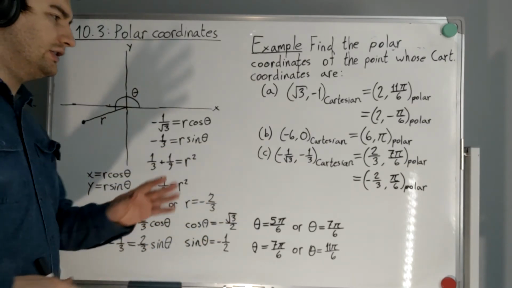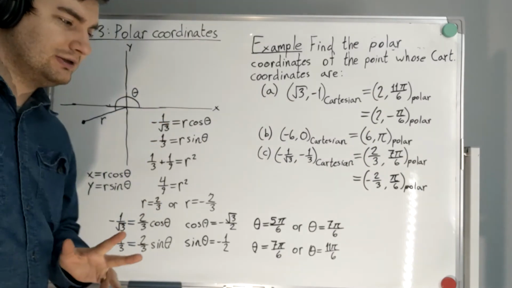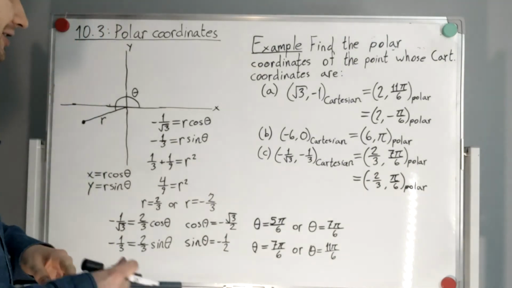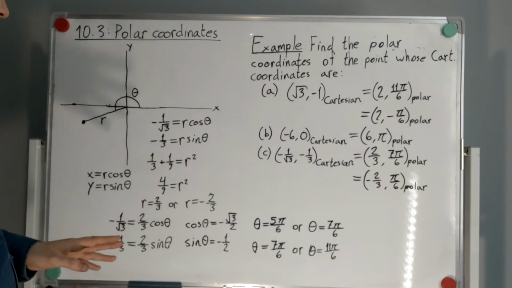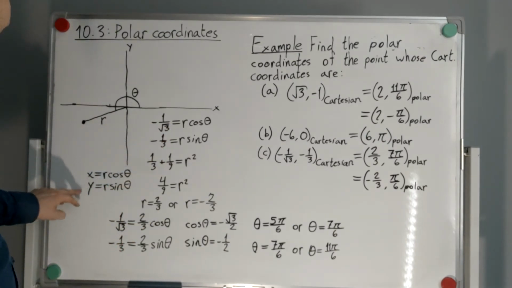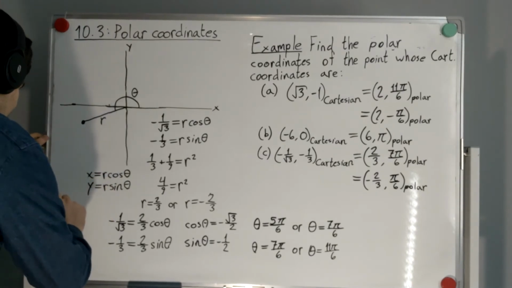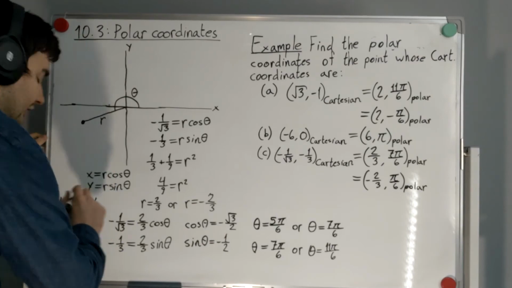Right, and so I just want to say one more thing. There are many texts, I have difficulty saying that word with my accent, sources that would tell you that you can just divide these two equations and turn it into tangent theta equals y over x, as long as x is not 0.